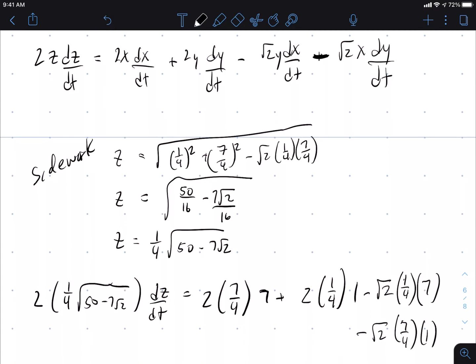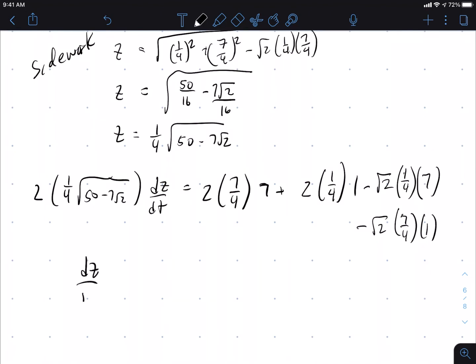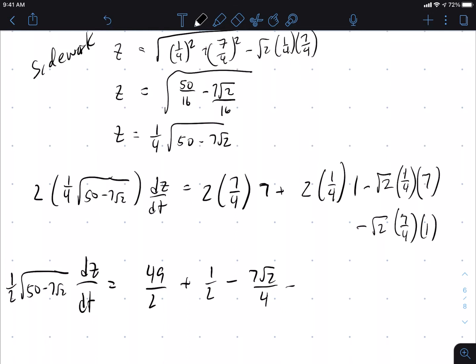We all right? All right, so then dz/dt, let's see, 49 over 2, I'll keep this here, 1/2 root of 50 minus 7 root 2, plus 1/2 minus 7 root 2 over 4 minus 7 root 2 over 4.